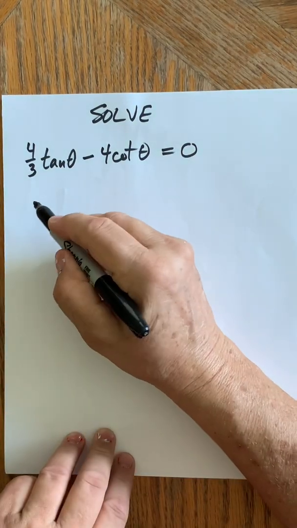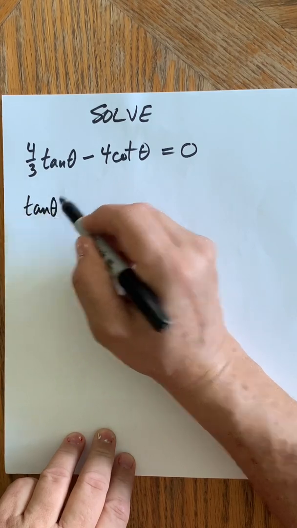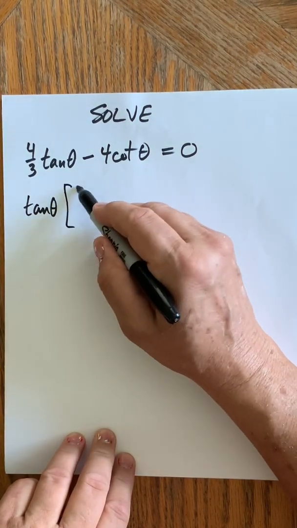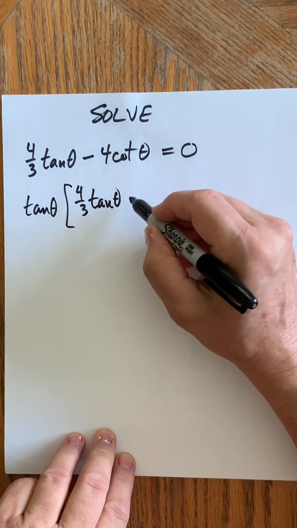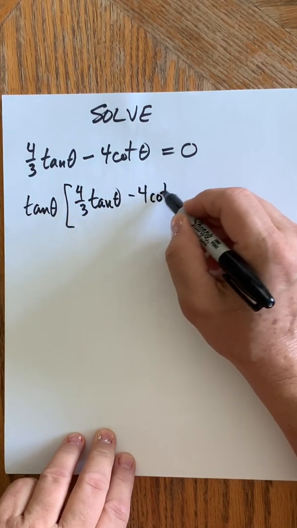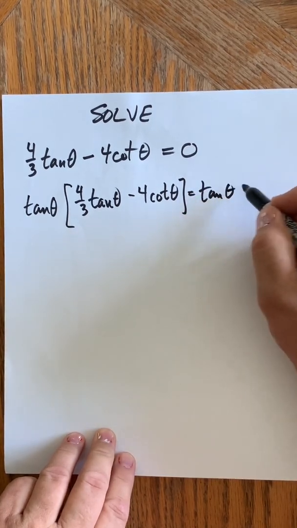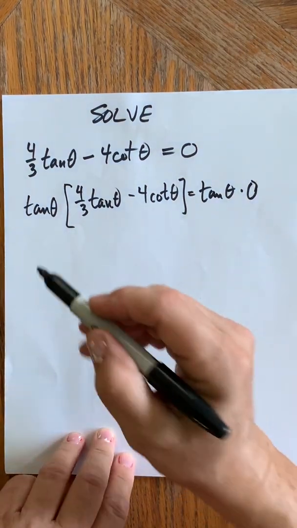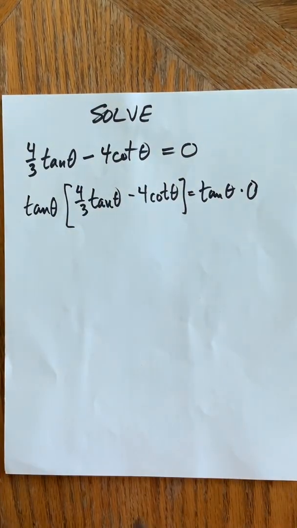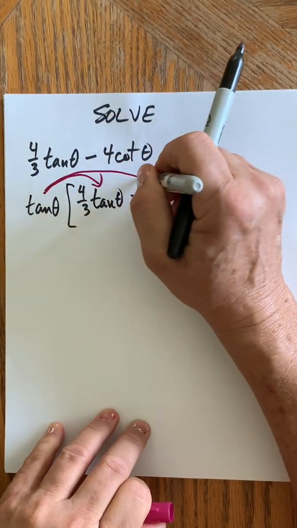So let's go ahead and clean this up. I'm going to multiply both sides of the equation by tangent theta. It doesn't matter that you're multiplying tangent theta by 0 because it's still going to be 0. Now here's the distribution: I distribute this tangent theta to both terms.